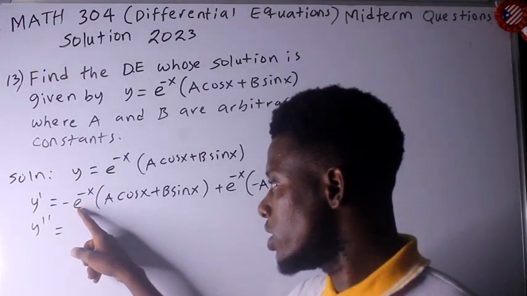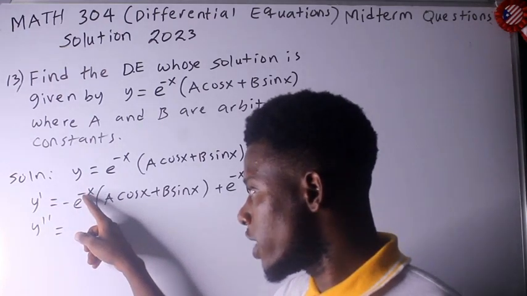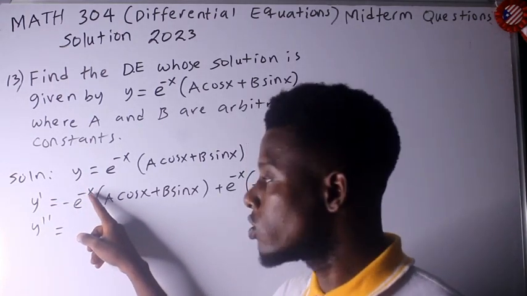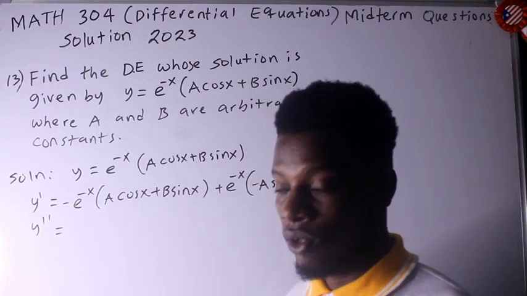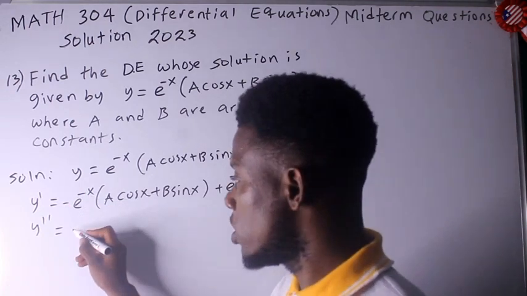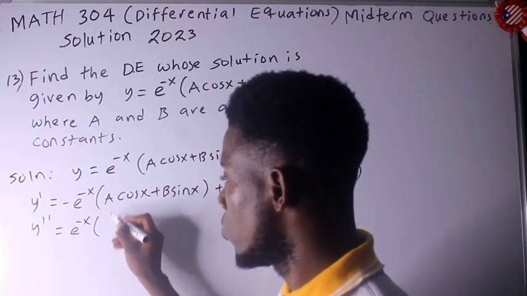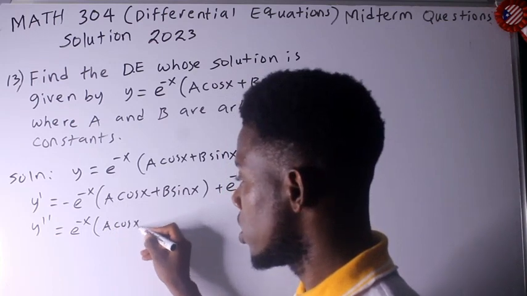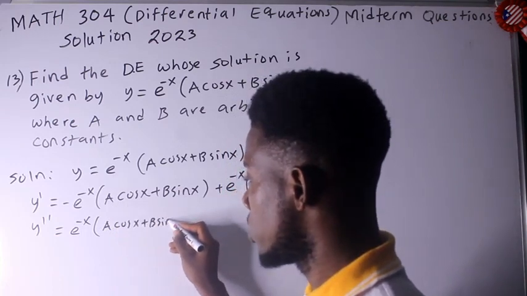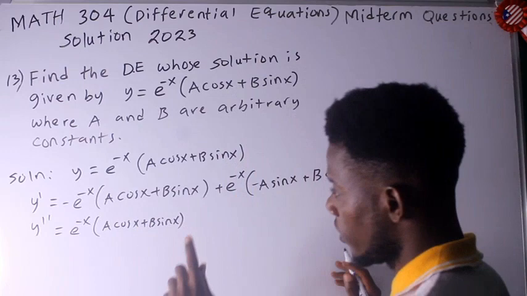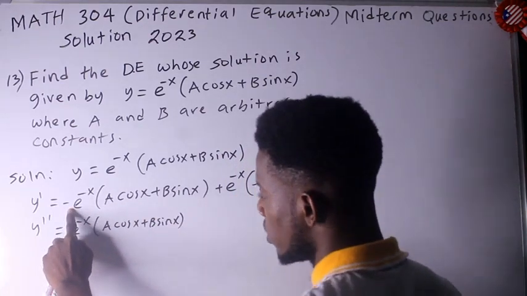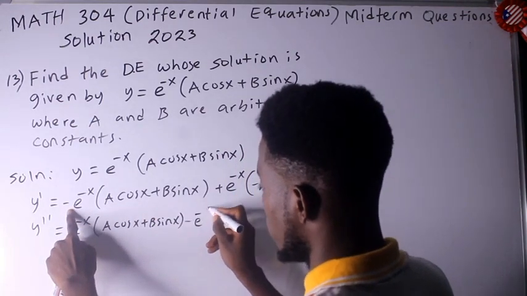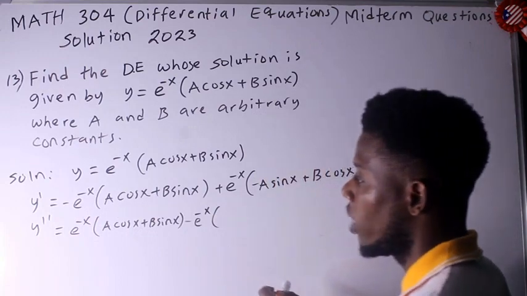We differentiate minus e to the minus x. The derivative of negative x is negative 1, so that negative 1 multiplies this negative to give a positive. So the derivative of this is e to the minus x. Then we hold a cos x plus b sin x constant. The first thing. And then the next one, we hold minus e to the minus x constant and differentiate the y in here.